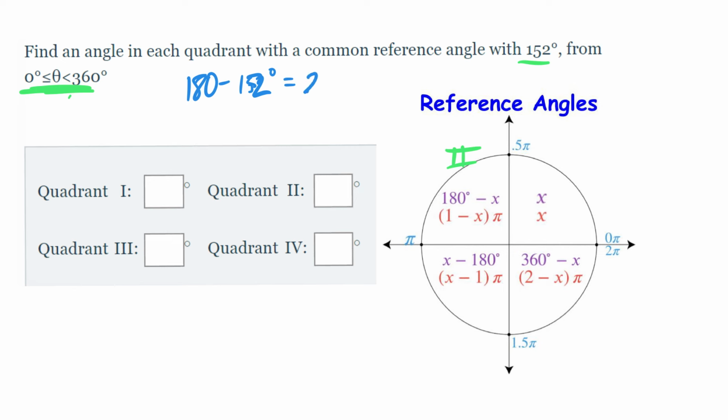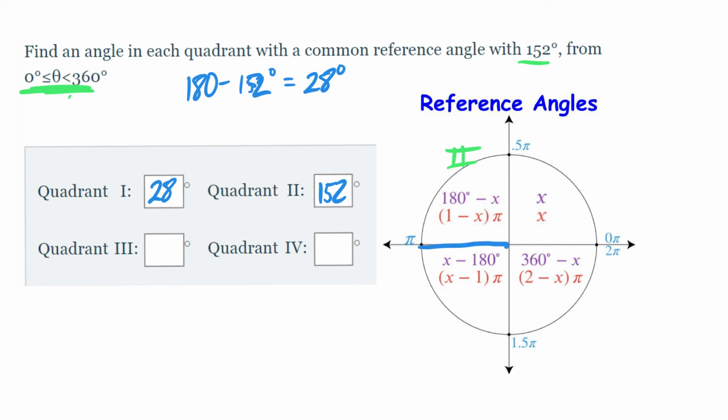So our reference angle is going to be 28 degrees. So remember, reference angles always fall into the first quadrant, so obviously the 28 degrees is going to be our 28 degree reference angle, and then 152 will be our angle in the second quadrant that has a reference angle of 28.